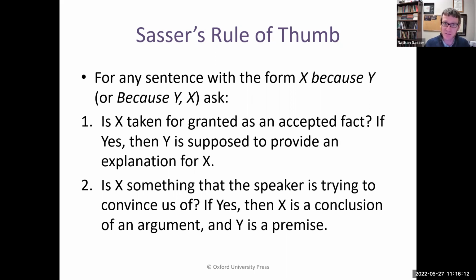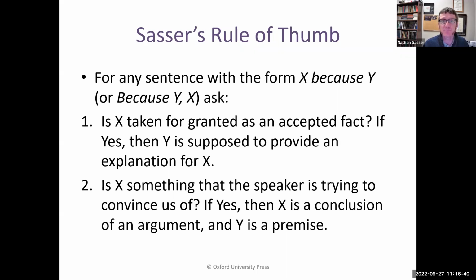If you come across one of those sentences, ask yourself these questions. Is the X statement taken for granted already as an accepted fact? If the answer is yes, then Y, the because statement, is supposed to provide an explanation for X. It's not trying to prove it.